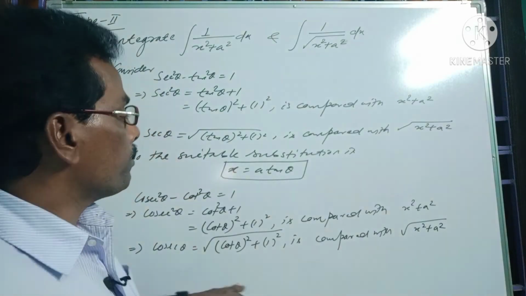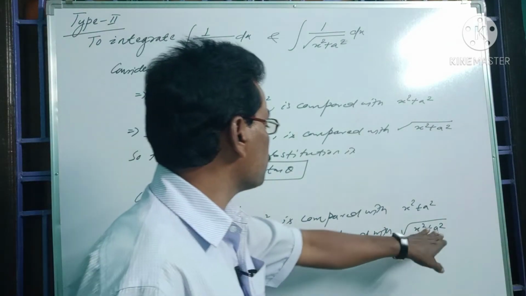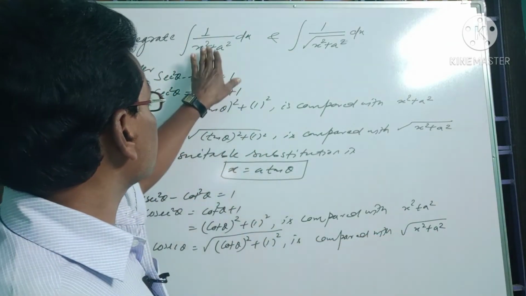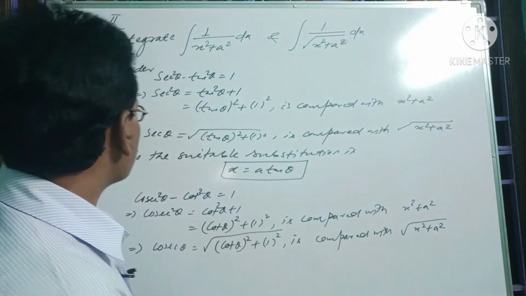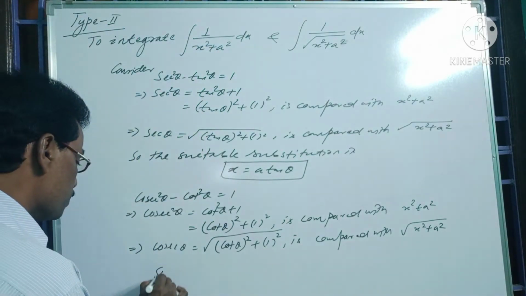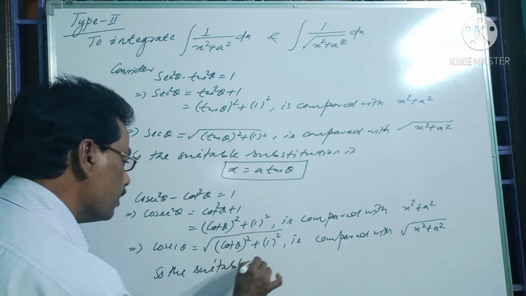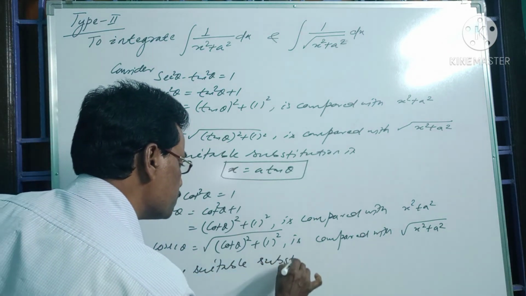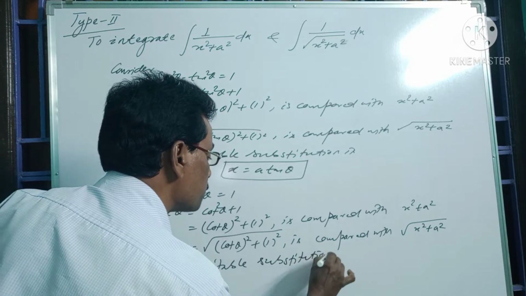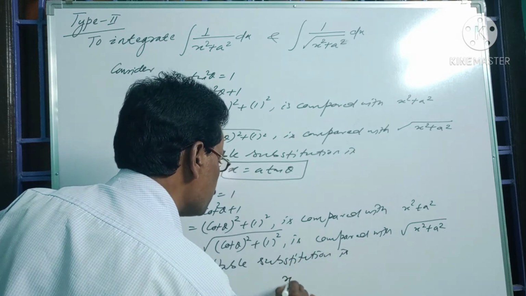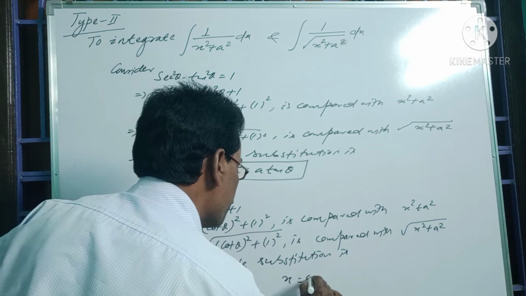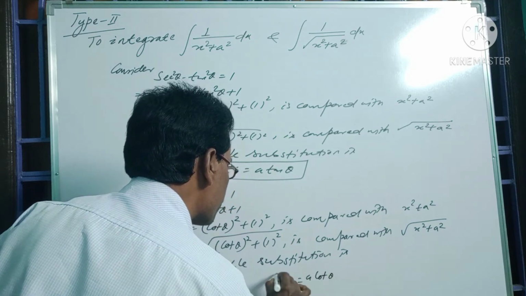So if you compare x with cot theta and a with 1, then in this process for integrating both the integrals, the suitable substitution is x is equal to a into cot theta.